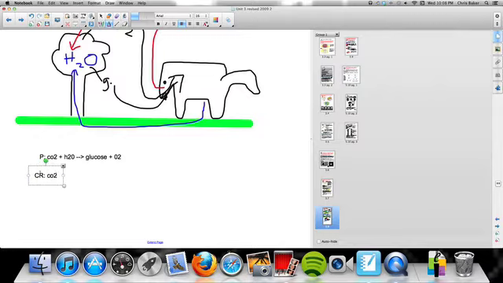I'm going to start with ATP. ATP plus CO2 plus H2O lead to glucose plus, oh, and I did this wrong. When I say lead to, I don't mean that. I mean come from.